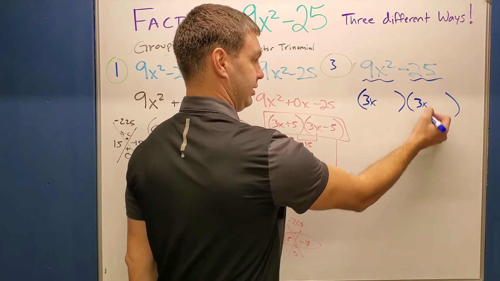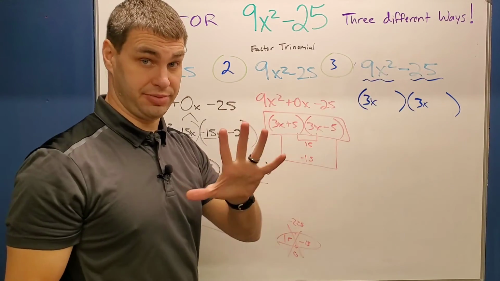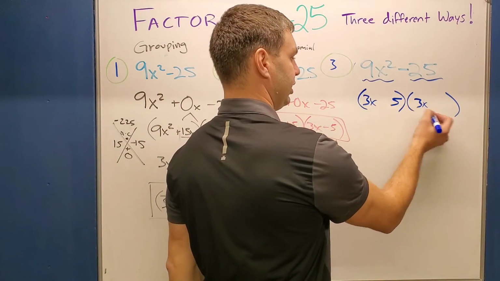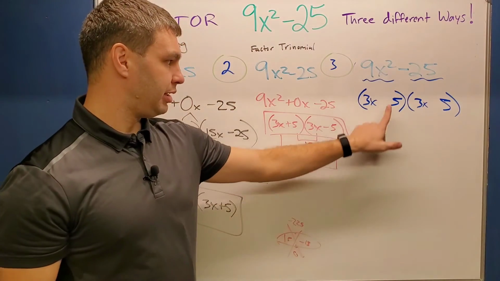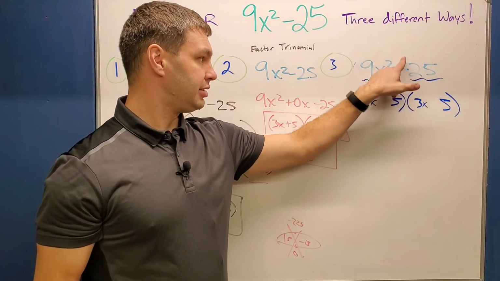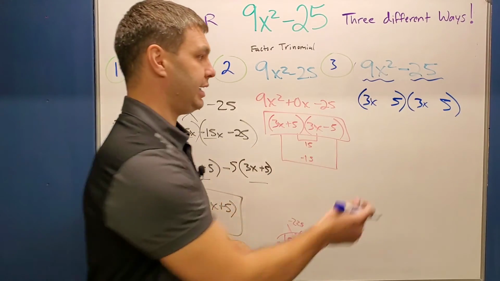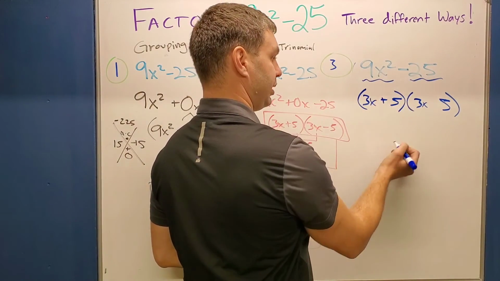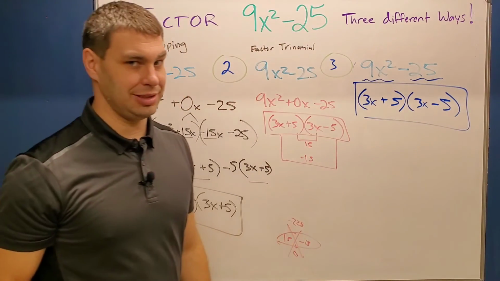So 3x and 3x. Then the square root of 25 is 5. So 5 is going to go in the second part of each of those parentheses. And then the way that you put the sign in the middle, as long as this is a negative, you're able to put one as a positive and one as a negative inside your answer. So 3x plus 5, 3x minus 5. See why that's the easiest one?